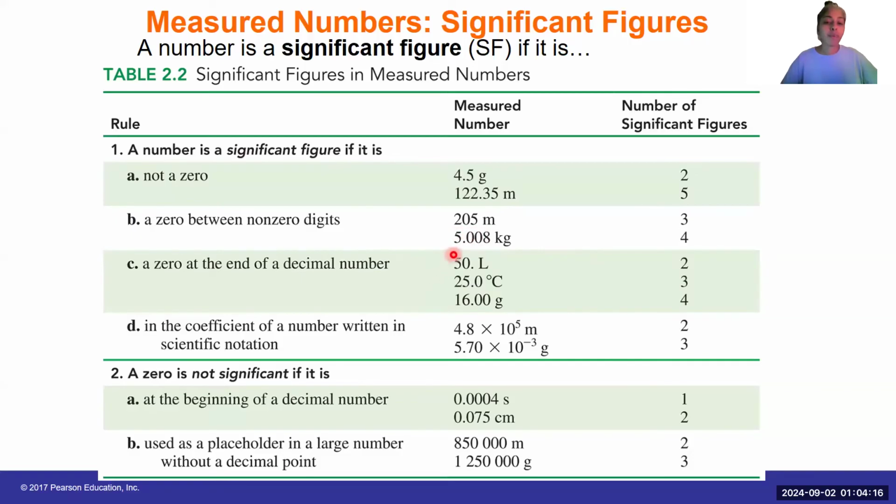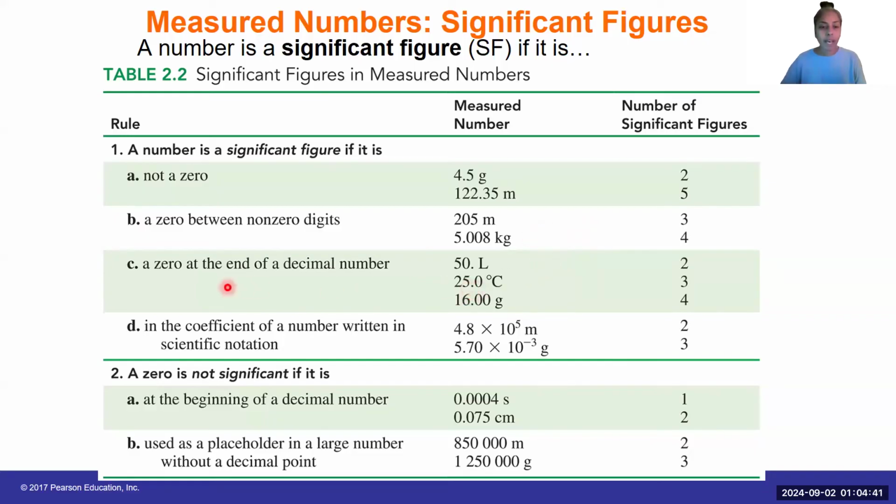Whereas 5.008 kilograms gives me 4 significant figures. So it's important to note that, remember, significant figures have to do with measurements. Although you may be asked a question, how many significant figures is in this value? Keep in mind that that value is related to a measurement.